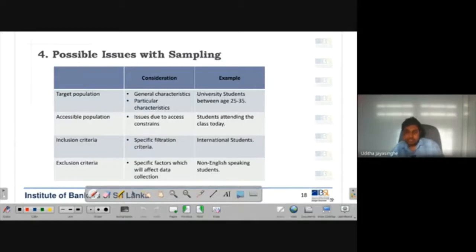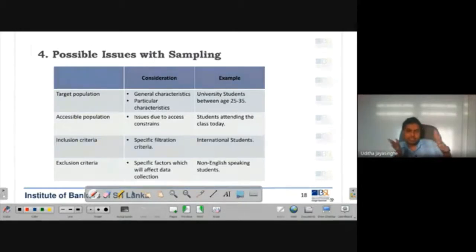Then I have put my questionnaire in English. I don't have an understanding of Mandarin or Tamil or Hindi or any other language. So I have to put up an exclusion criterion also: non-English speaking students, I have to regretfully not select.